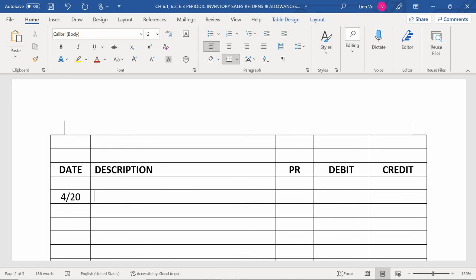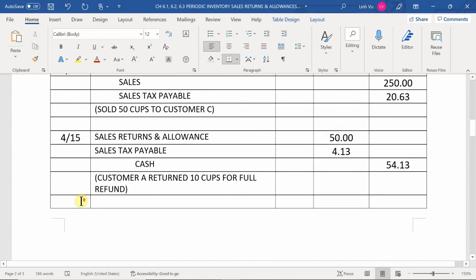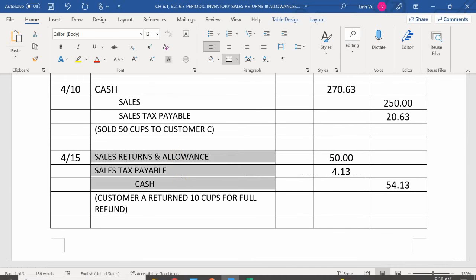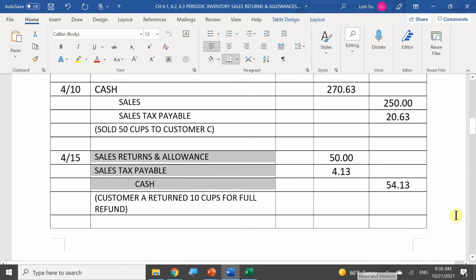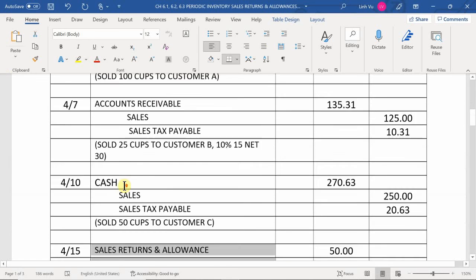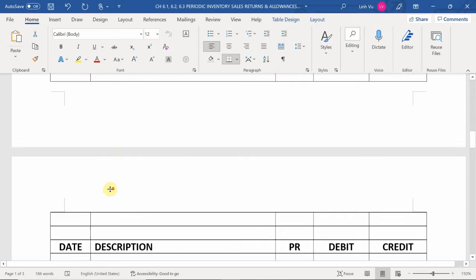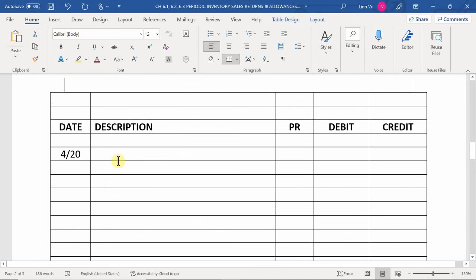Will it still say returns and allowances? Sales, returns, and allowances. Good. And of course, how did customer C pay me? In cash. They paid you back in cash, so therefore, you must give the money back in cash.